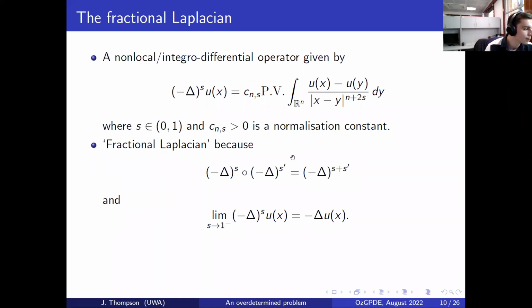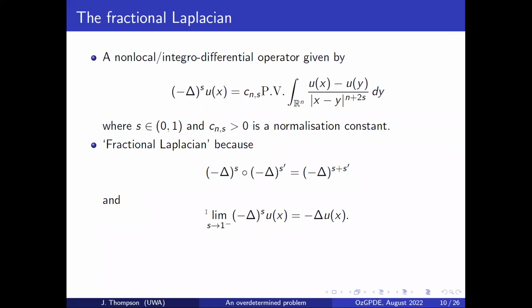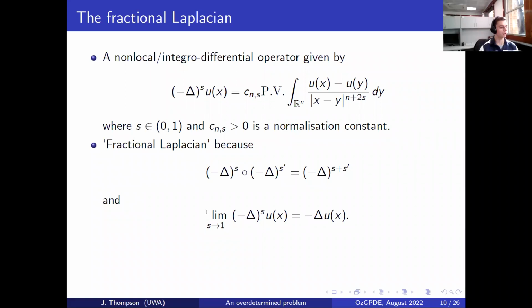First of all, if we take one fractional Laplacian and then apply another fractional Laplacian, this is the same as applying the fractional Laplacian of the sum of the two orders. Also, when we take the limit of s back up to 1 of the fractional Laplacian, we recover the original minus Laplacian. So in this sense, it's a fractional analog of the Laplacian.